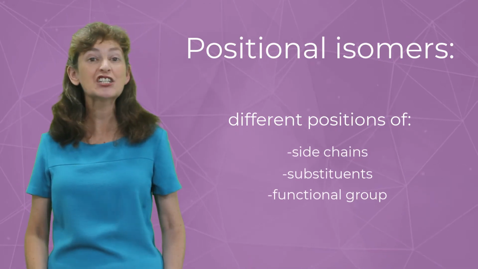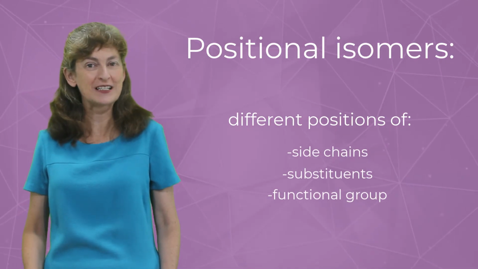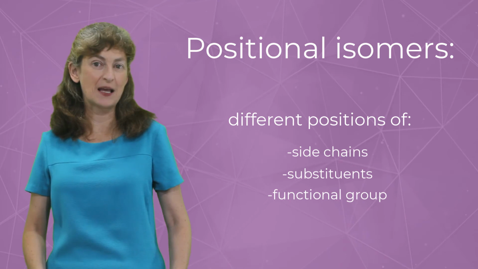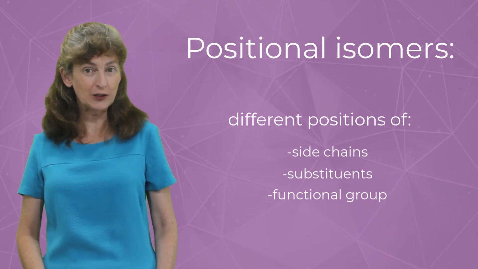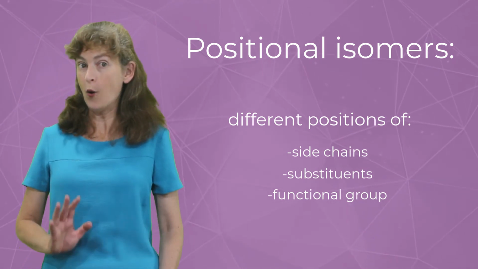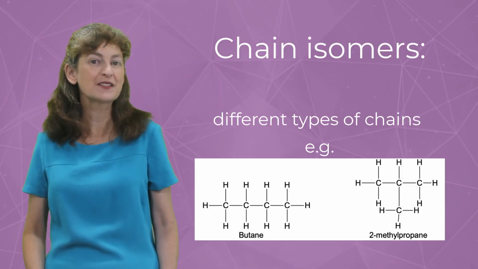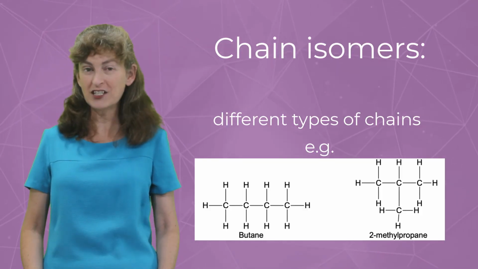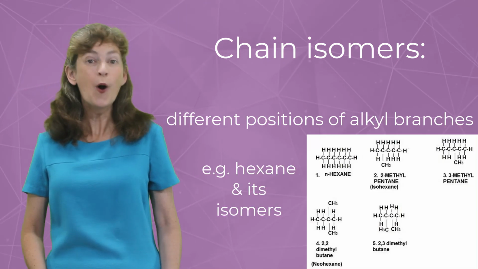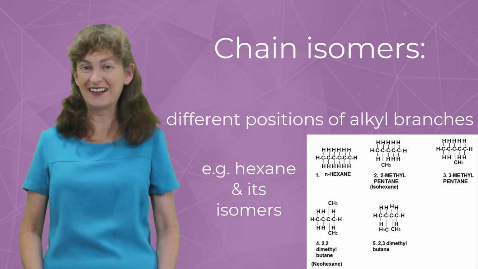In positional isomers, they have different positions of their substituents, functional groups, or branches, although for alkyl branches that would rather fall into the next group, which is chain isomers, which have different types of chains, for example, branched and unbranched chains, or different positions of the alkyl branches.